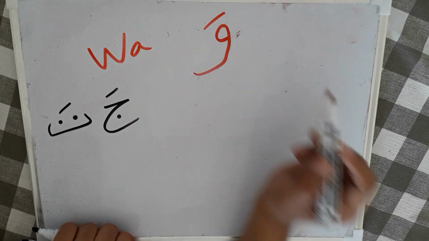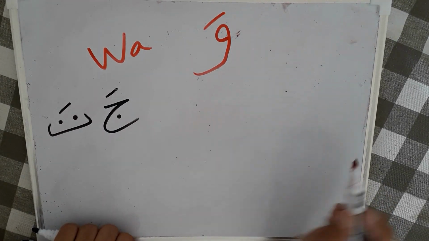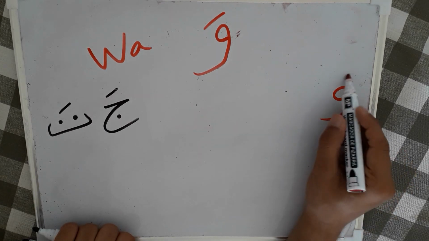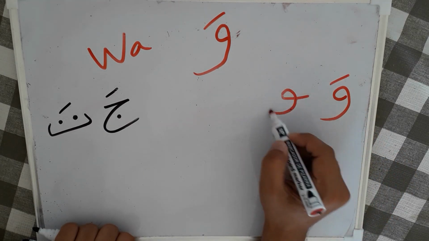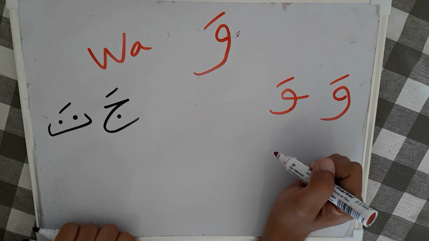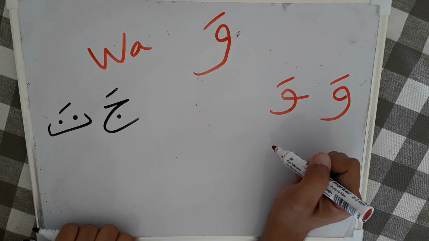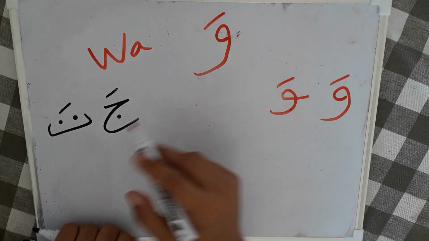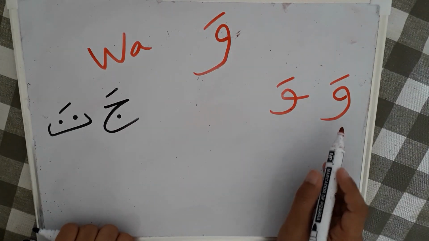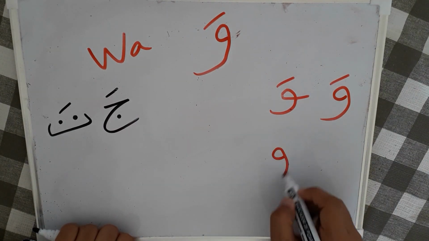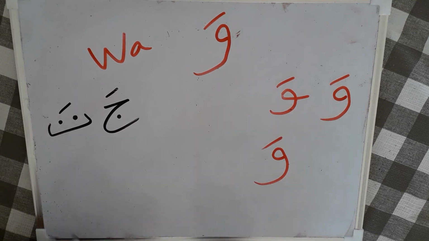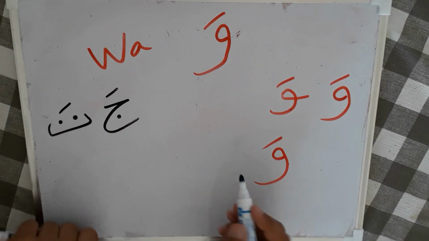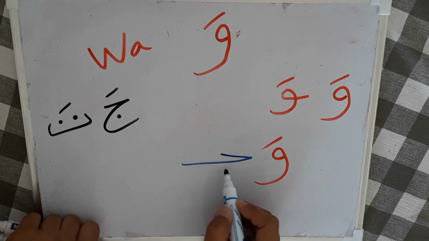Wa, okay? Wa in the beginning, wa in the middle, or in the end of the word. Let's make three crazy words again using ja and ta. So let's start with wa. So I have wa. Then let's add ja.